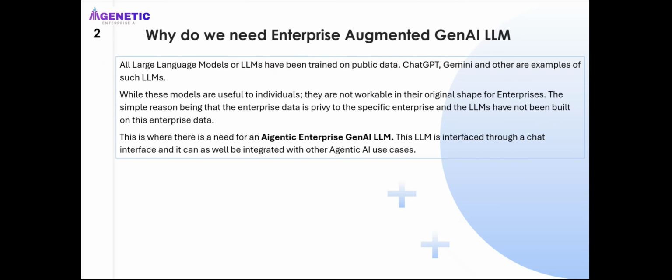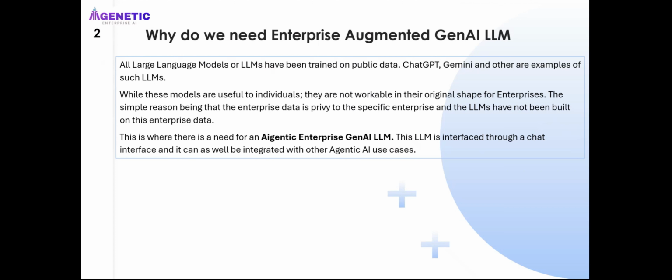So the first question is, why do we need such an enterprise augmented GenAI LLM? All large language models, or LLMs, have been trained on public data. ChatGPT, Gemini, and others are examples of such LLMs, and we are pretty comfortable using them, and we have benefited from that.